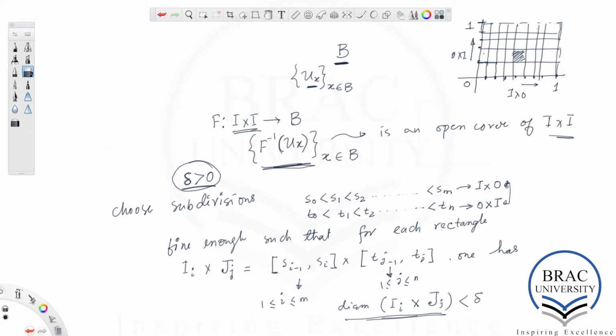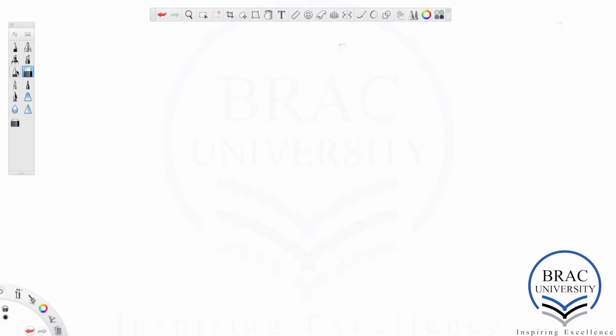And if we do that, then by Lebesgue number lemma, this rectangle whose diameter is strictly less than the Lebesgue number delta is contained in one of the elements of the open cover, right?